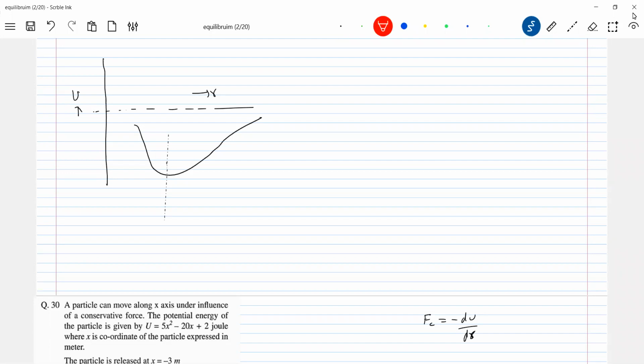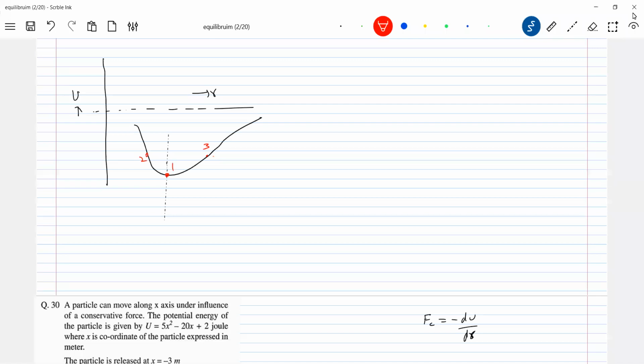Let me pick up points. This is 1, this is 2, this is 3. And what is r? r is the distance between the atoms, and U is the interaction potential energy of the atoms. So the potential energy as a function of interacting distance is what I'm plotting. These are the points I'll consider.